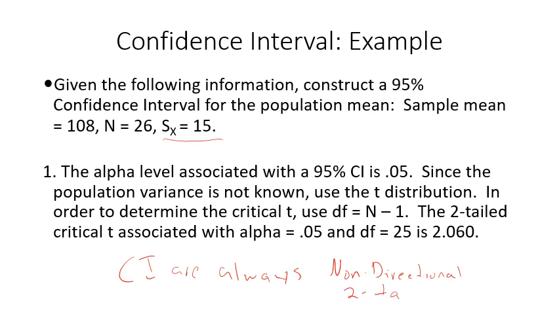Two-tailed. Confidence intervals are always two-tailed. They're always non-directional. So when we go to that t-chart from earlier in the slides, you look at n-1, n was 26, so n-1 is 25. We look at degrees of freedom of 25. We're looking at two-tailed, alpha of 0.05, and we get a t-critical of 2.060.